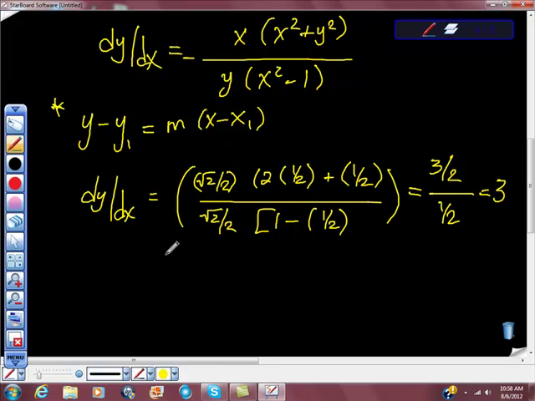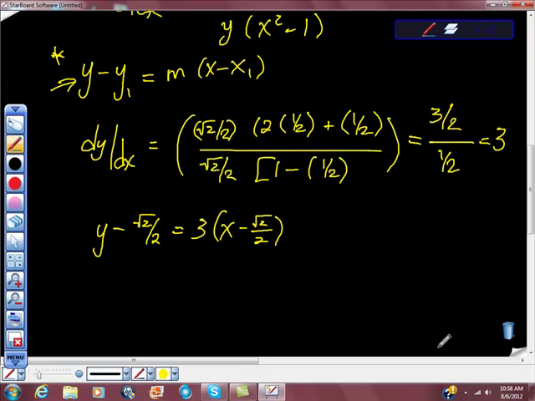Therefore, we take this point, right, and we put it in. We say y, and I'm plugging into this right now, minus square root 2 over 2 is equal to 3 times, the slope was 3, times x minus square root 2 over 2, right? Because that's the x value. I'm sure you'd love to stop right now, but we might as well finish.